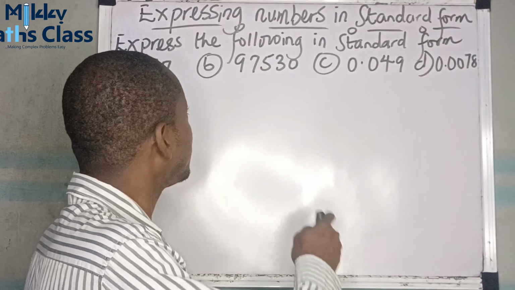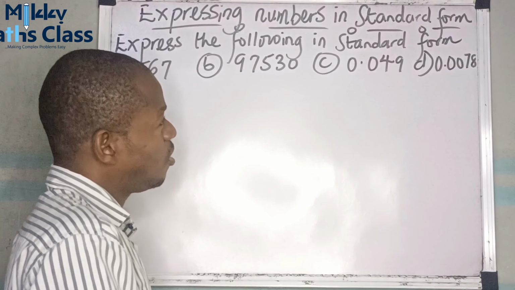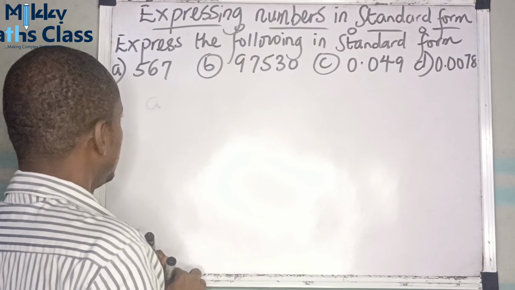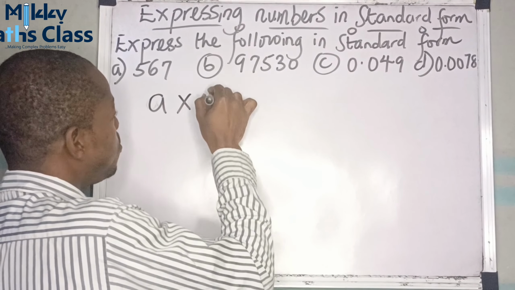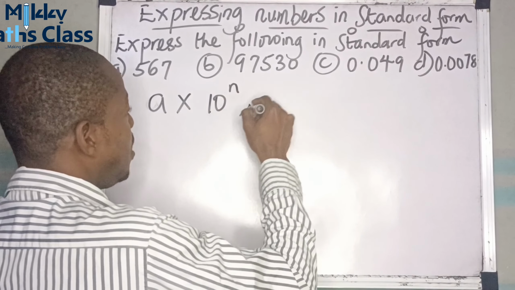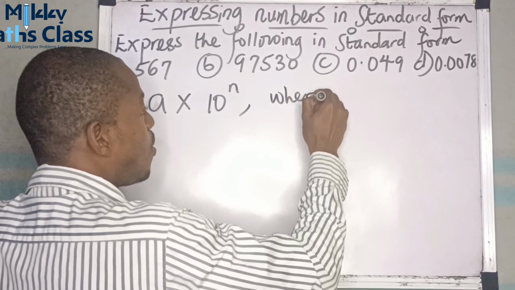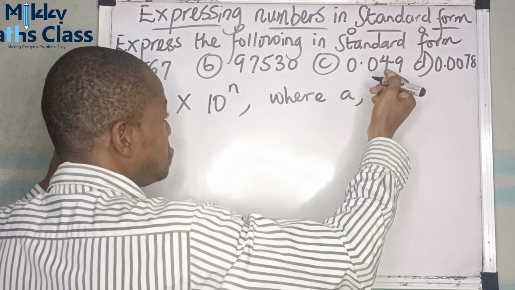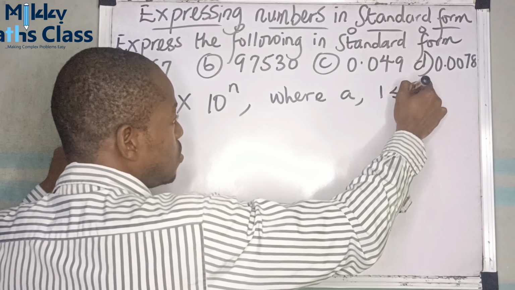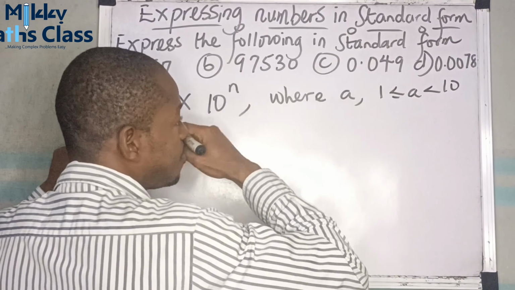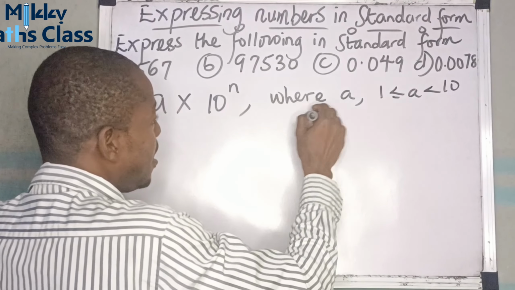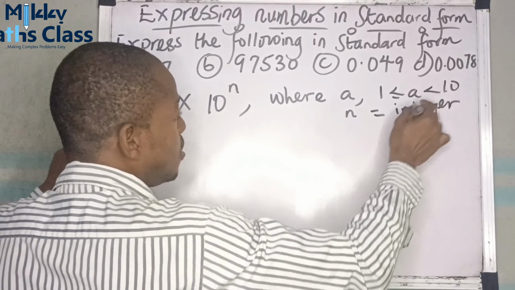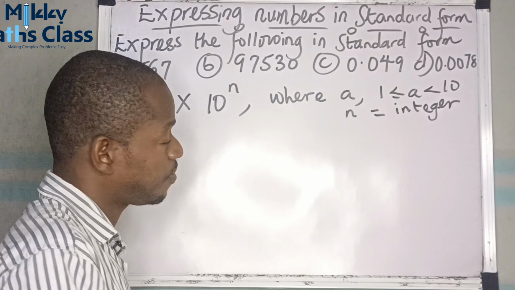What do we have today? We have expressing numbers in standard form. A number in standard form is of the form a times 10 to the power of n, where a ranges from 1 to less than 10, and n is an integer, either a positive or negative integer.